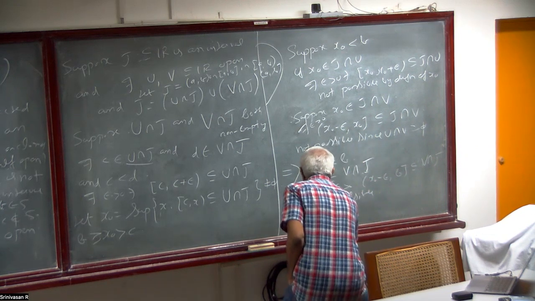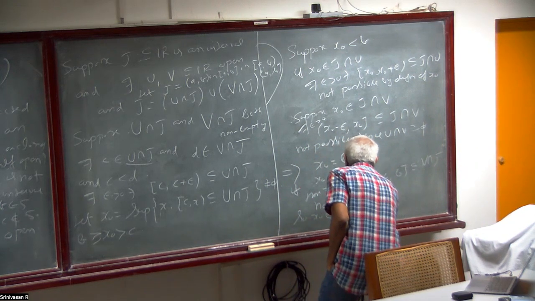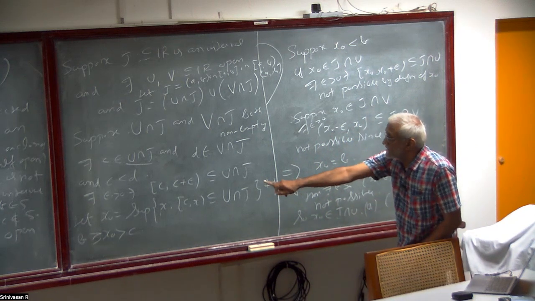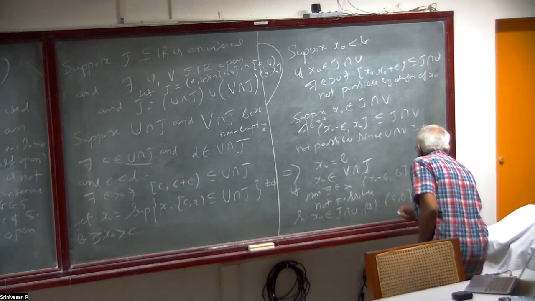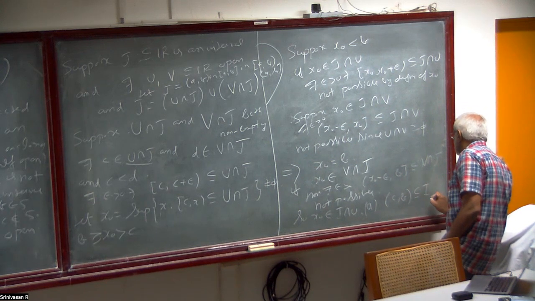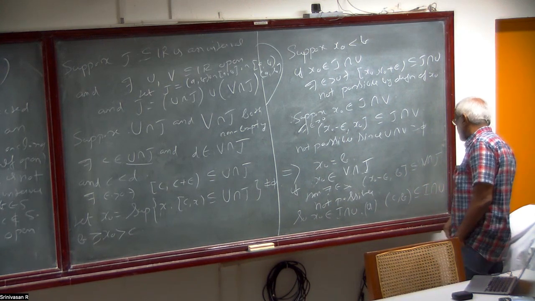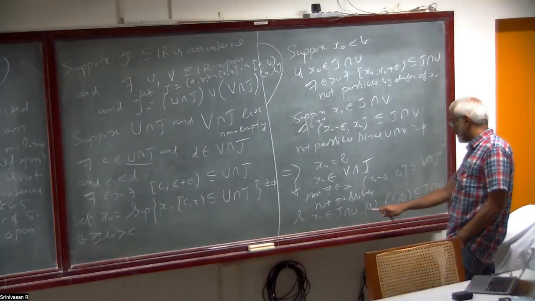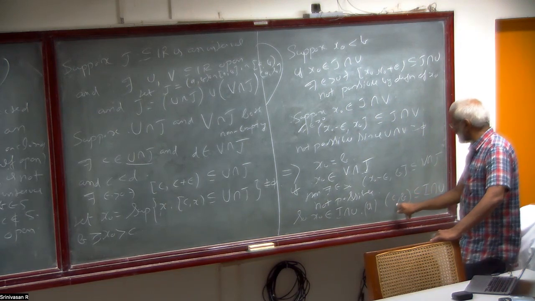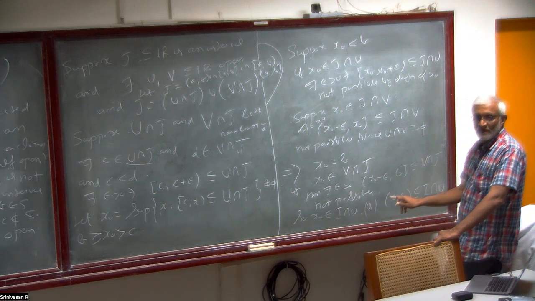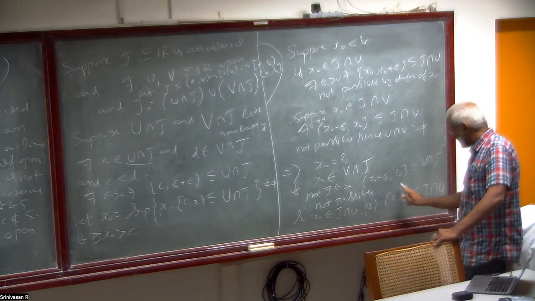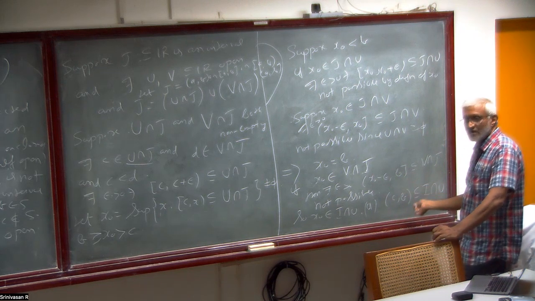So x naught is in I intersection U. That is, it starts with C, up to here, B is completely contained in I intersection U. If it is the whole open interval, it is up to the end point; if it is open, it is up to B, and if it is closed, if it includes B, then it has the right extreme also.